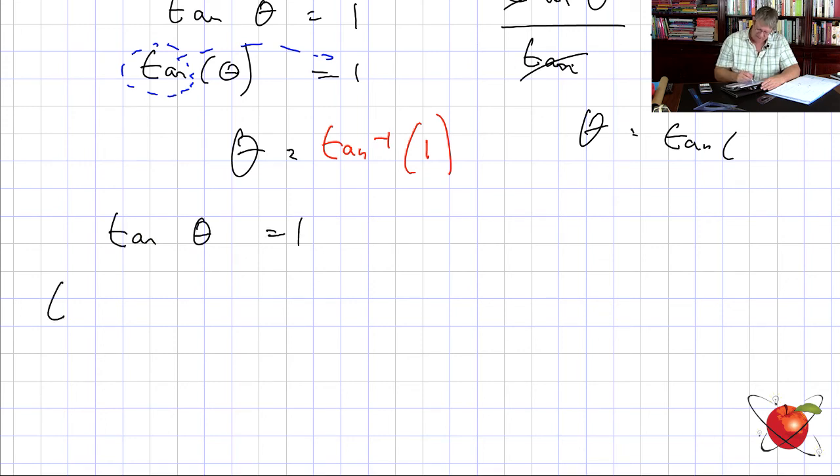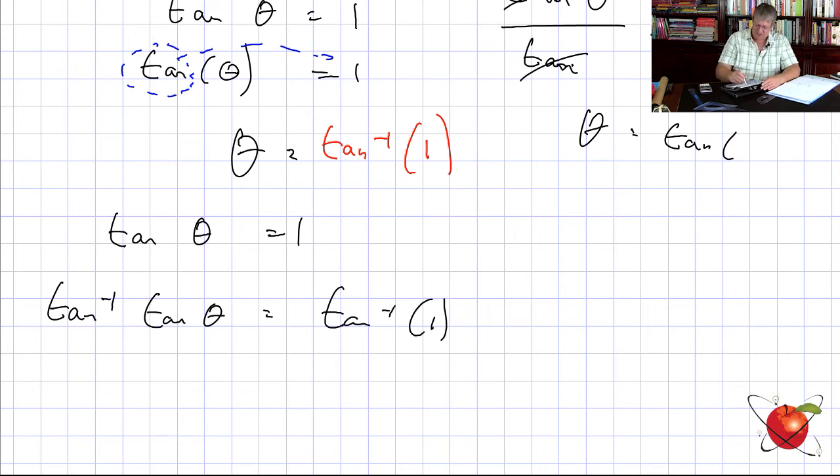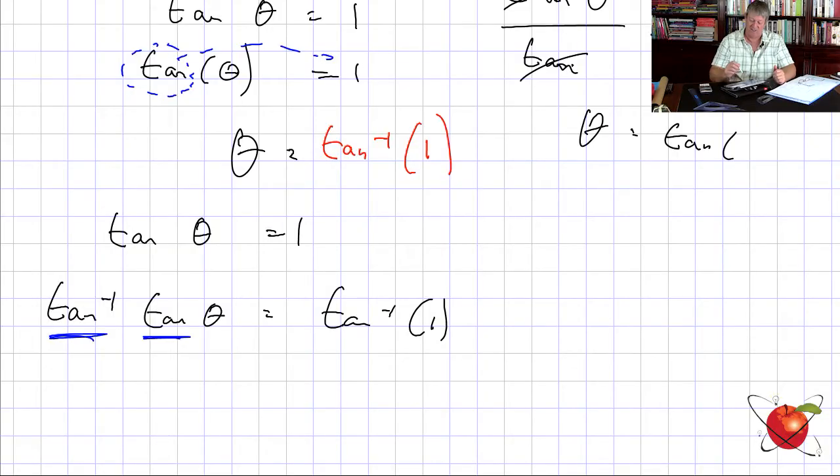We have then said tan to the minus 1 of tan theta equals tan to the minus 1 of 1. Can you see over here? I hope I'm not complicating it. These two are cancelling out. Please, not dividing. It's the opposite function.